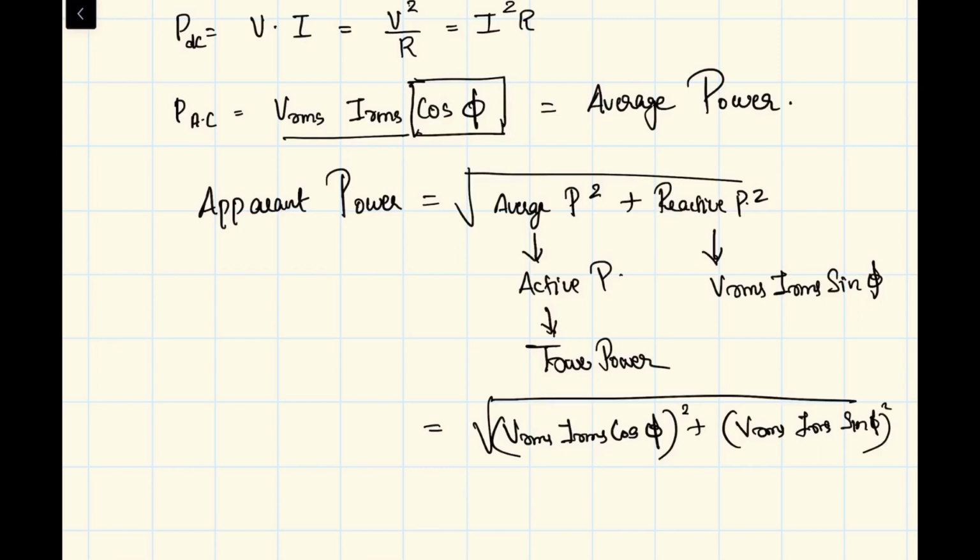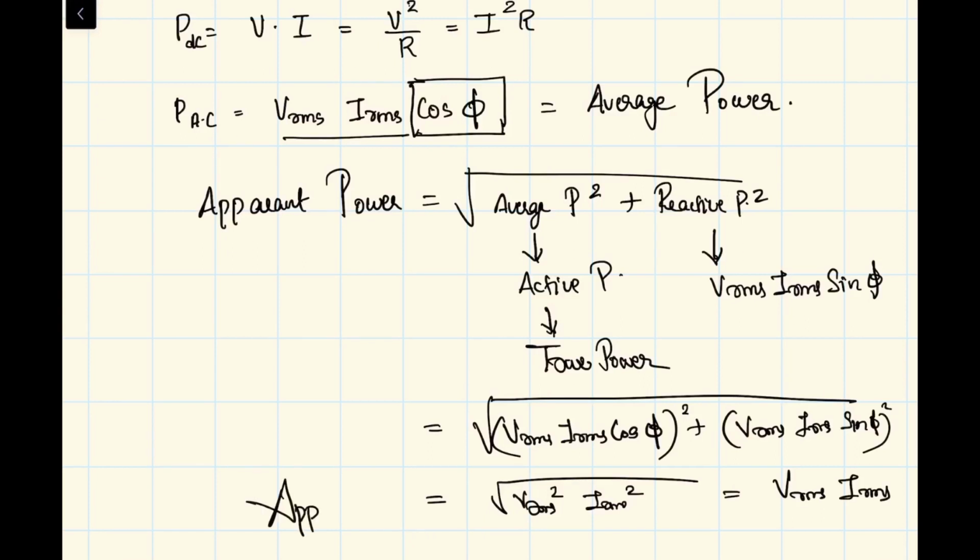What you are going to get is sin square theta plus cos square theta equal to 1. Then root of Vrms square Irms square gives the result Vrms Irms. So Vrms Irms is our apparent power.